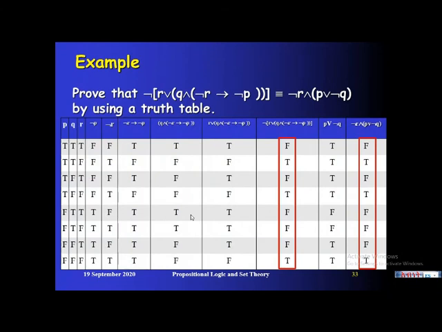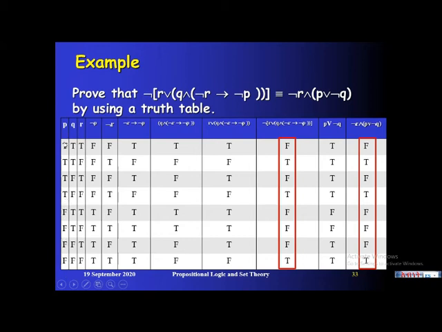For example, let us prove that the negation of this is equivalent to this. Using a truth table, by the way, here how many letters? 3 letters. So 2 to the power of 3 is what? 8 rows. 1, 2, 3, 4, 5, 6, 7, 8.